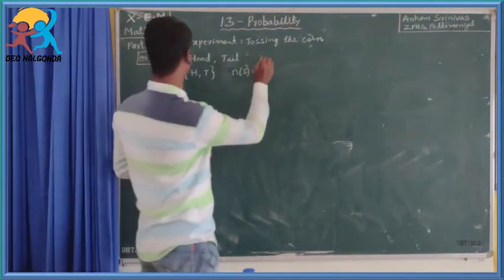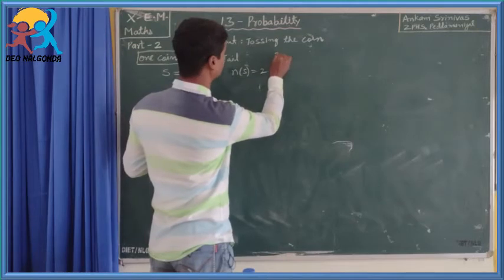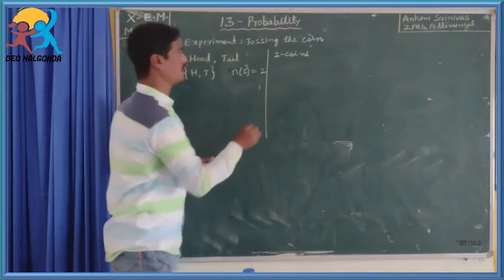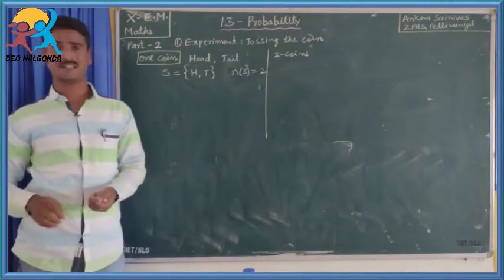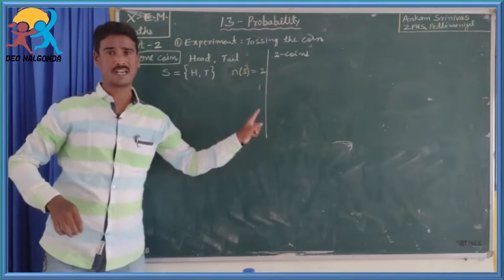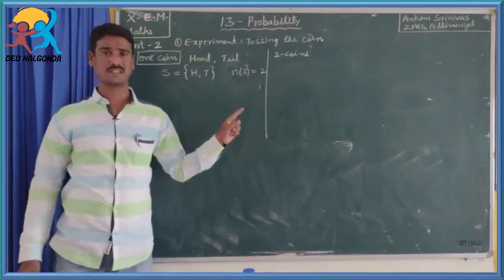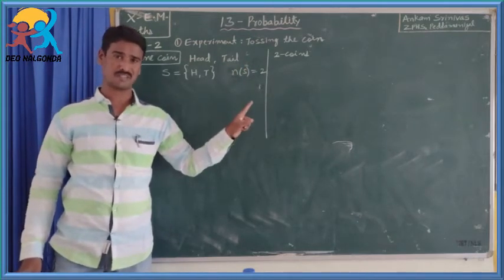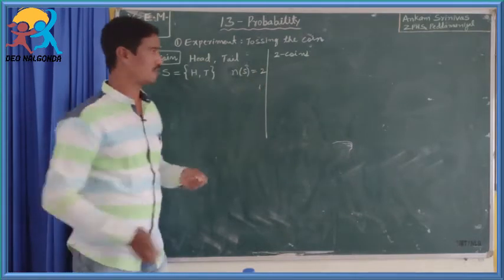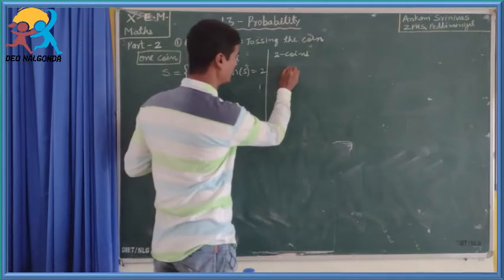Suppose we toss two coins. What are the outcomes? Two coins at a time or one coin two times.